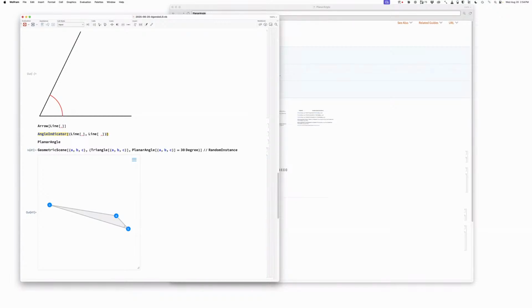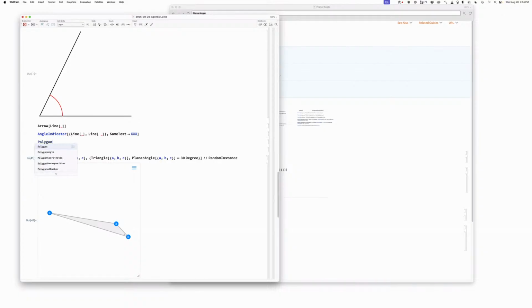And it probably needs the same test, just for good measure. Right, it adds an angle indicator wherever there's an intersecting point there. So then it adds it to polygon.